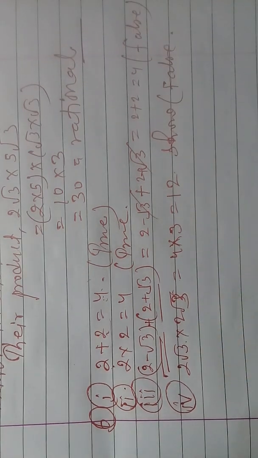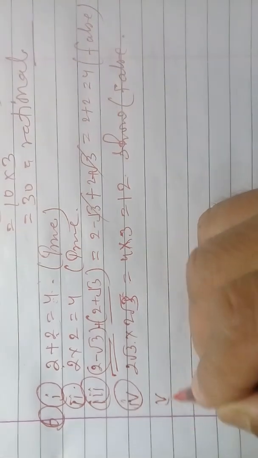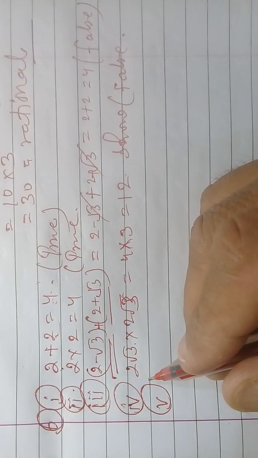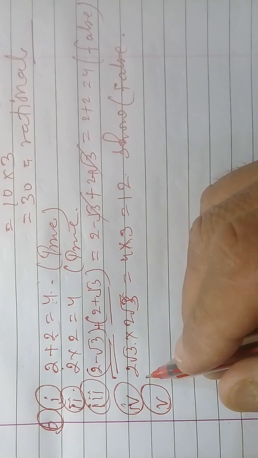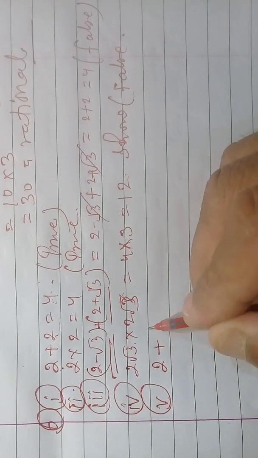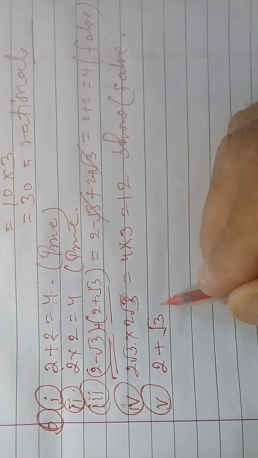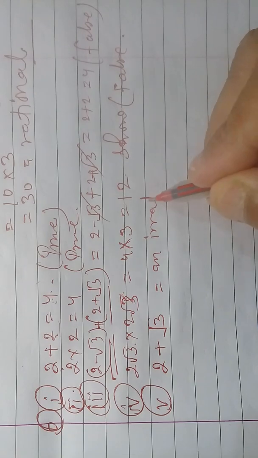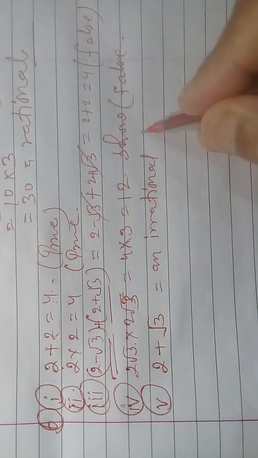Fifth, the sum of a rational and an irrational is irrational. This rational 2, the irrational root 3, the sum is irrational.